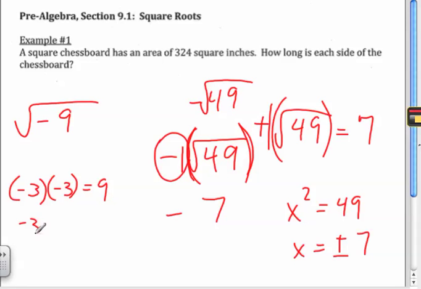Well, negative 3 times 3 does give me negative 9, but that's not a square, right? That's not a number times itself. Fritz? It doesn't work. Exactly. This is actually called an imaginary number, which we will talk about later. But we can't do this right now. We can't take the square root of a negative number.